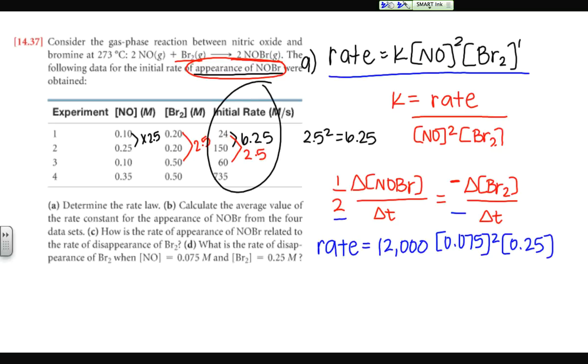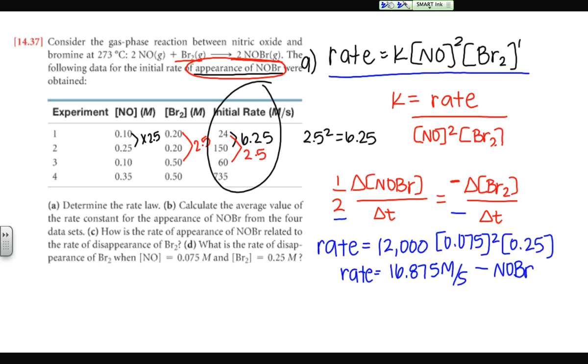When I do that, I find that my rate is equal to 16.875 molar per second. Now, I used my rate law for the appearance of NOBr. So that means that my rate of appearance of NOBr is 16.875.